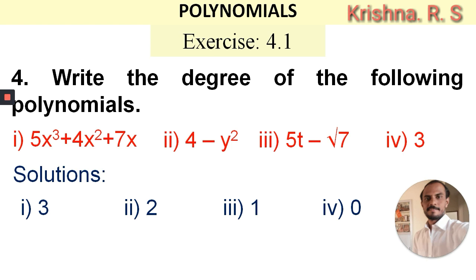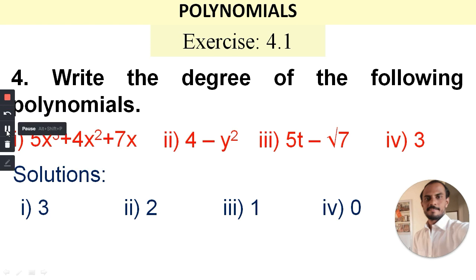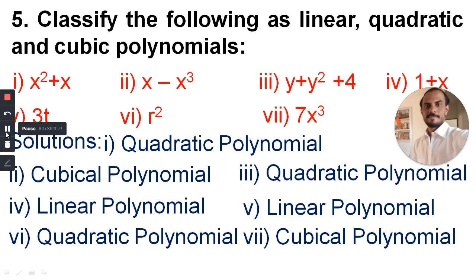If the degree is 3, we call it a cubic polynomial. Keep this in mind, students. It is very useful for attempting the next question. Let's move to the next question. See students, the fifth question is: classify the following as linear, quadratic and cubic polynomials.